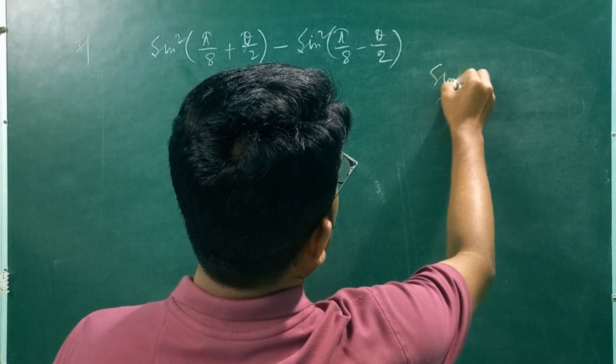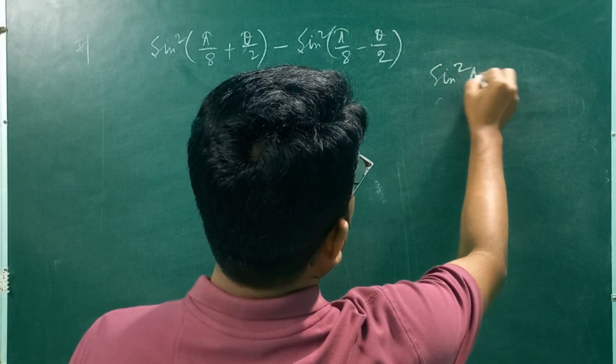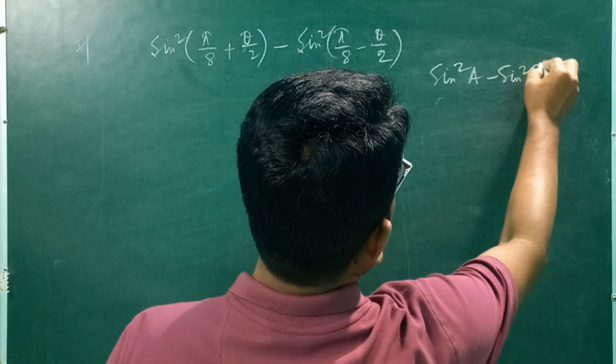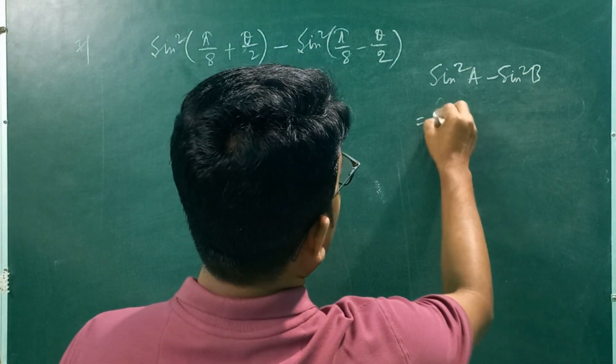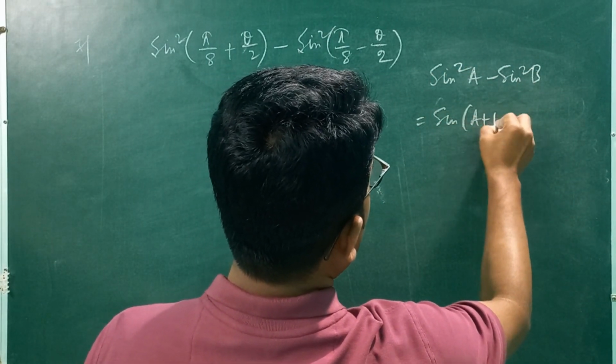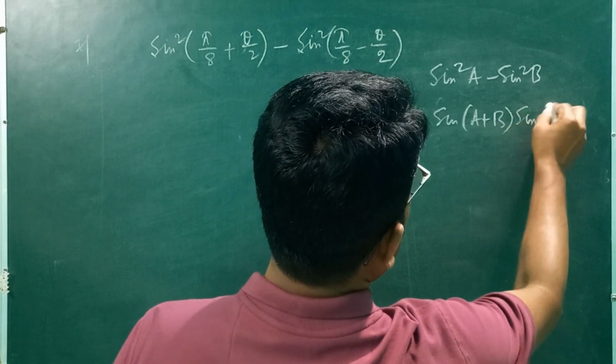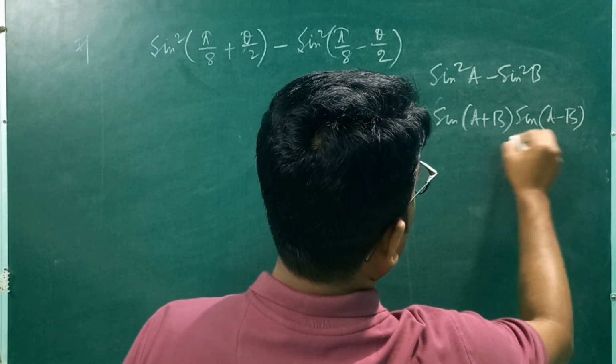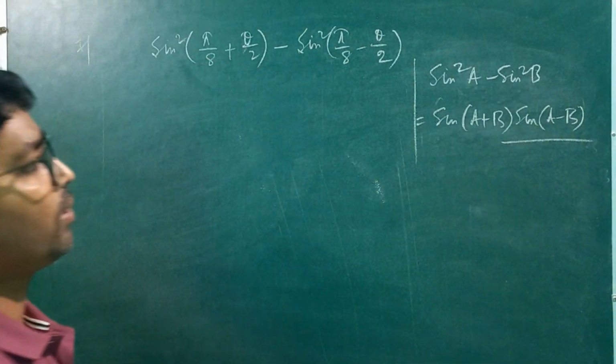This one is your another formula, sin square a minus sin square b equal to sin a plus b into sin a minus b. So we will apply this formula here.